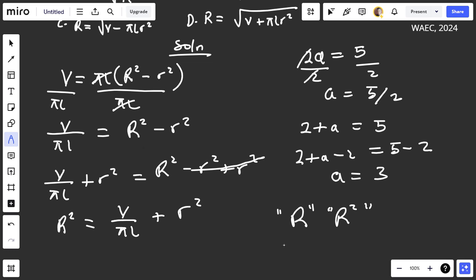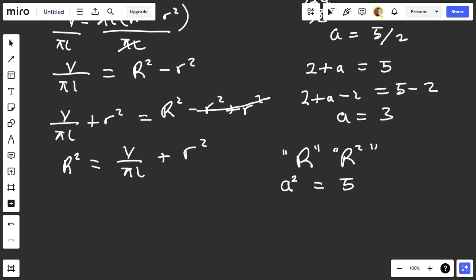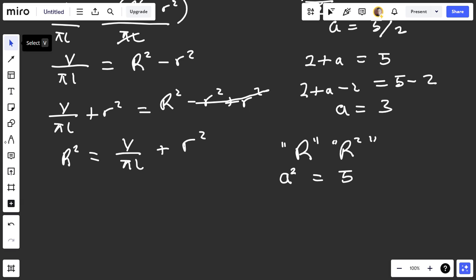According to the rules of equations or laws of indices, if you have a raised to the power of 2 equals 5, and you want to take away the square, what you do is take the square root of both sides.